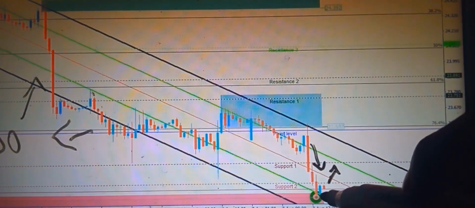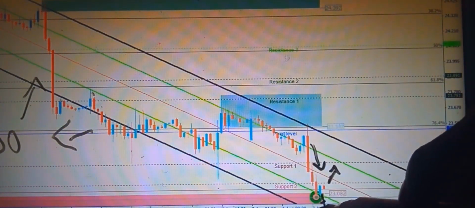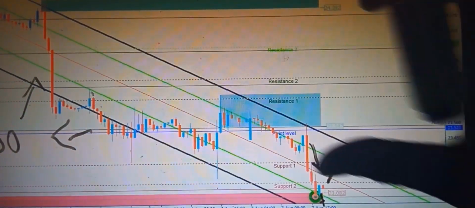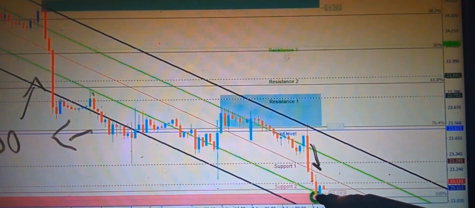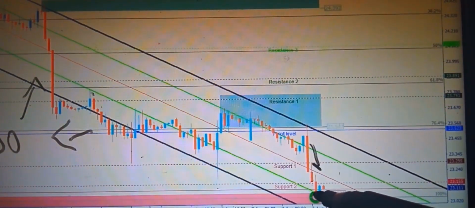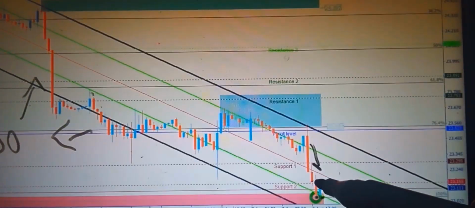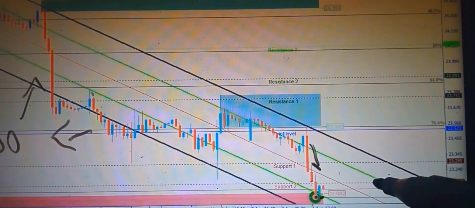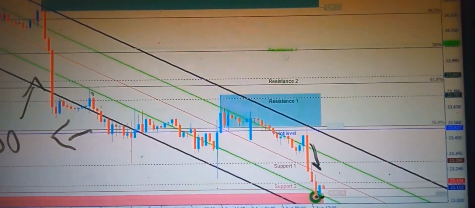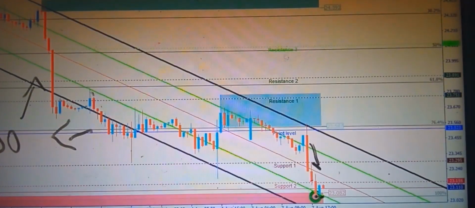But if the market keeps going in the opposite direction or keeps selling, it simply means we're still going to wait. The only confirmation we need is an opposite candle of that hour. Okay, so we are going to wait for this candle to close, and then after this candle closes, we can enter from there. So it doesn't mean that automatically when you get a signal you must enter the market.